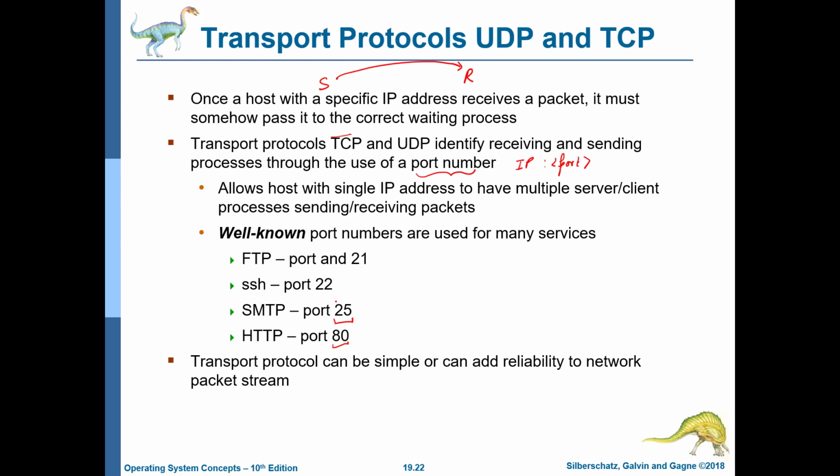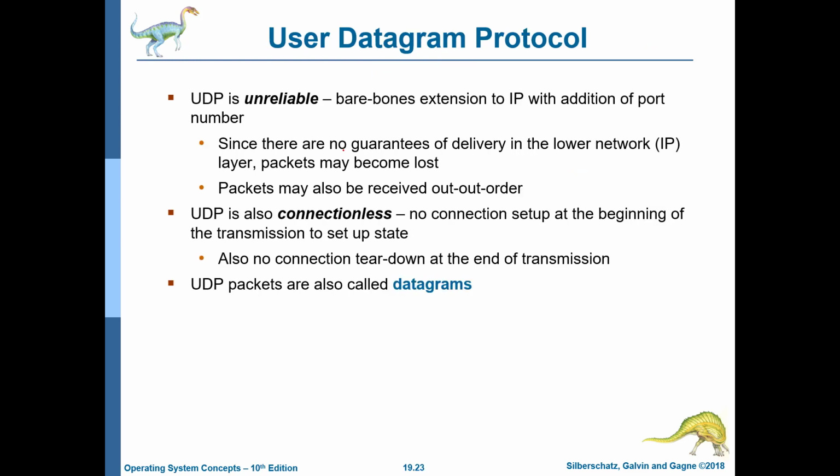So the transport protocol can be simple like UDP, or as we have seen in the case of TCP, it can be far more elaborate. So UDP is typically used in a scenario where we do not want any guarantee of delivery, in the sense that we just send packets and we are not really concerned if they are received in the order in which they are sent, or not received in order.